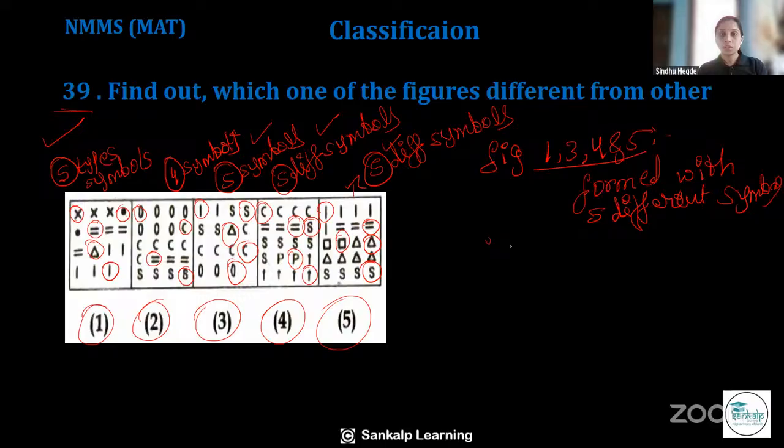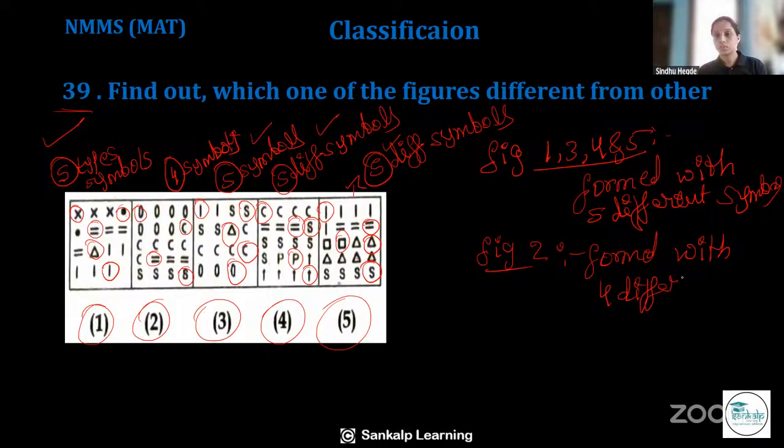Only figure 2 formed with 4 different symbols. So the correct option is image 2, which is different from the rest. Thank you.